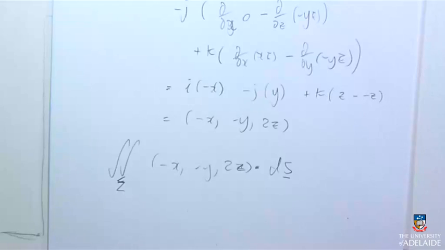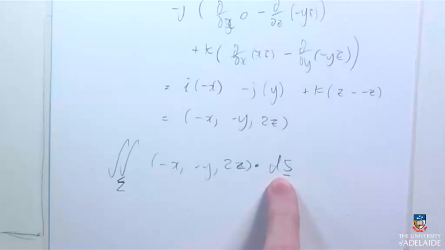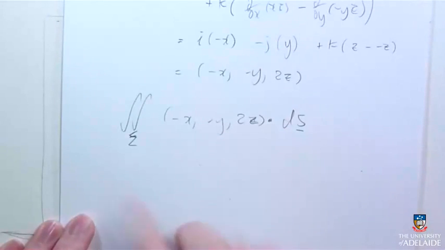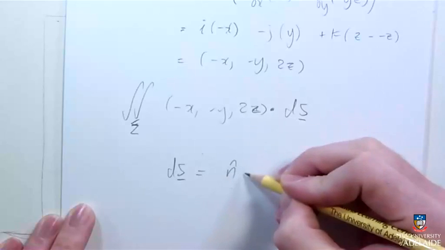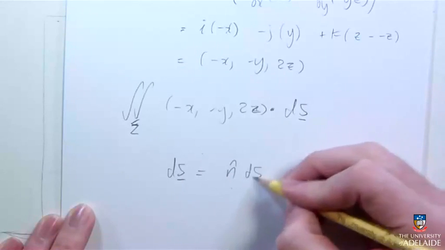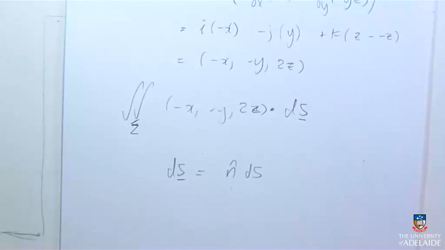And so that's why this ds here has a normal vector in it. I imagine that this ds is a normal vector times a ds that isn't bold. And that little ds here is a little tiny piece of area that lives on the surface itself. Okay, so there's two ways of dealing with this.